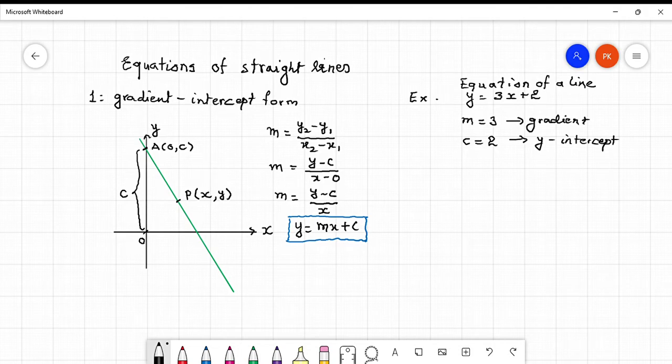Okay, take another example. Suppose the equation of the line is 3x plus 4y is equal to 5. Now, here the equation is in the form ax plus by is equal to c. To find out the gradient and y-intercept, it should be in which form? y is equal to mx plus c.